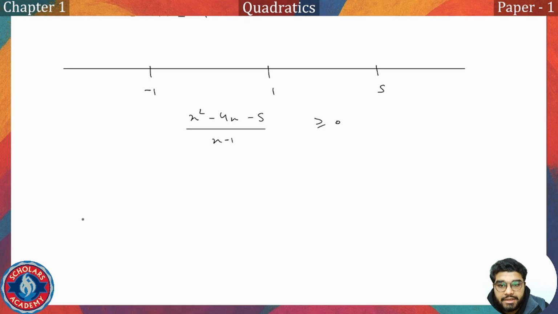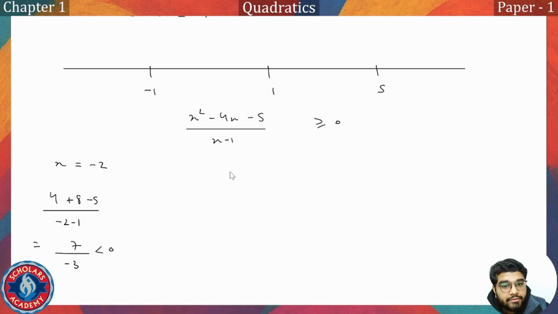So first, when x is less than −1, I will take x = −2. If I substitute that, what I get is (4 + 8 − 5)/(−2 − 1), that is −3. So 4 plus 8, 12. 12 minus 5 is 7. So 7 and −3. So this is less than 0 because of this negative.